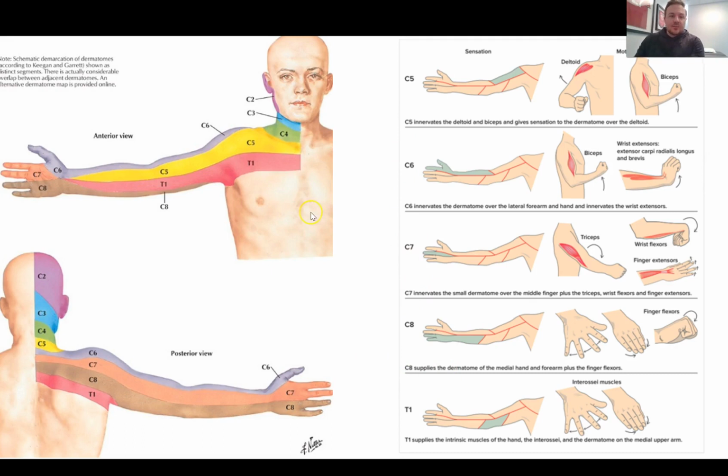So let's say that someone had a C7 issue, they had decreased sensation in C7, and then their myotome tests were also limited at C7. Well, if someone has carpal tunnel syndrome, they may have decreased sensation at this C7 area, but what they don't have is triceps weakness, right?